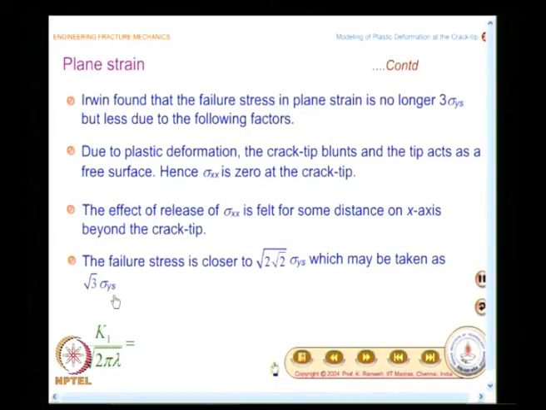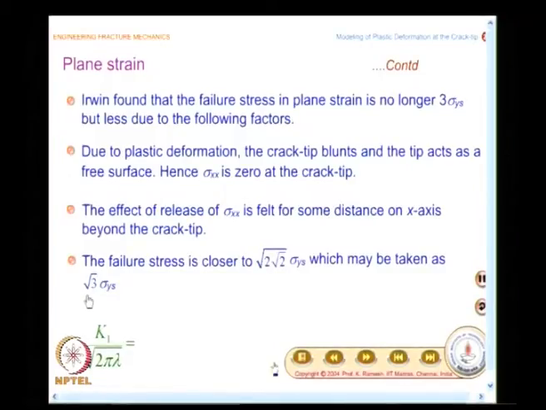So, if you look back, what we were saying is, when the crack tip is sharp, your simple calculations show that sigma y would be 3 times sigma ys. If you consider the crack tip to be blunt, you have to modify that as root 3 times sigma ys. This is an accepted practice. In many other discussions in fracture mechanics, we will use this value.